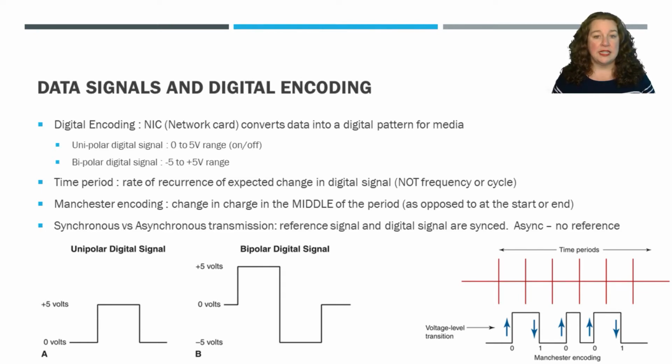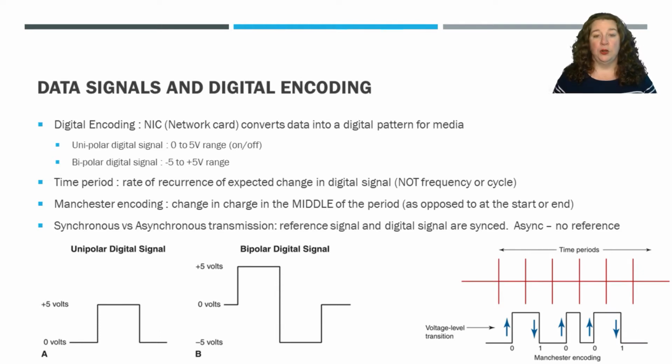If we did these in seconds, just to make them make more sense, obviously it's much faster than that, at second 0, you could put in a 0. At second 1, you could put in a 1. Second 2, you would put in another 1. Second 3, you'd put in another 1. Second 4, you'd put in a 0. Each of the different signals would have another value assigned to that specific time period.